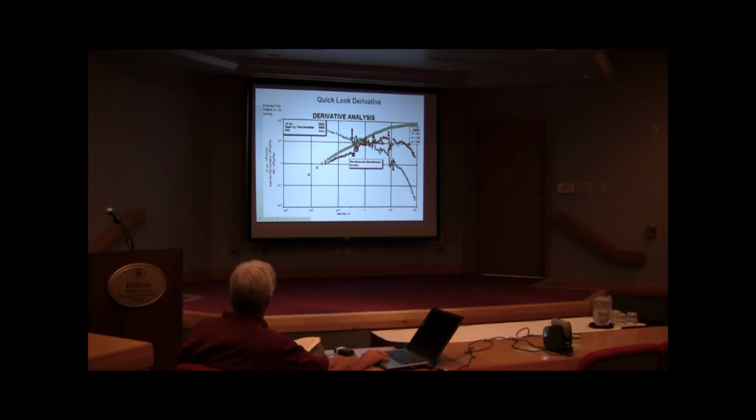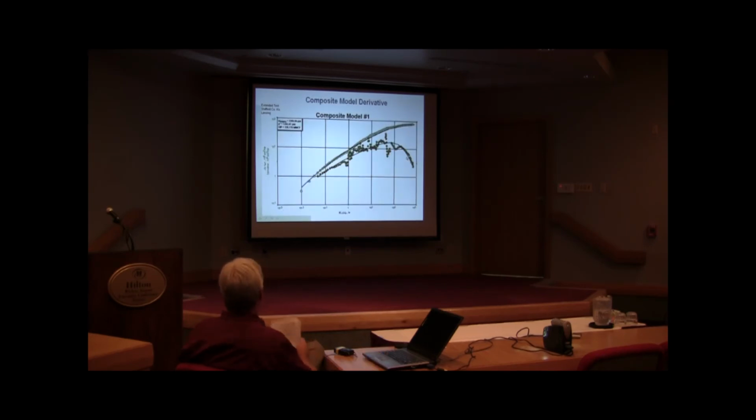Here again, this part looks good. That's not a horizontal line, therefore Horner doesn't work. So we have to go to a different model. Just by coincidence, that looks like the composite model again, where you have one set of reservoir conditions near the wellbore and a different set away from the wellbore, and it winds up with a pretty good fit.